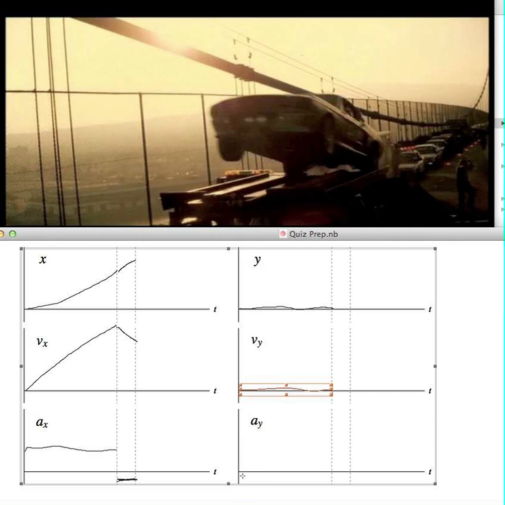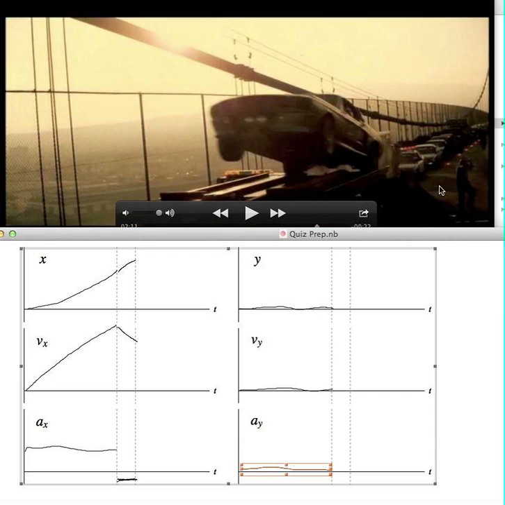No change in velocity, so the acceleration must have been 0 until he hit the ramp. He was stationary in the vertical direction at the bottom of the ramp. At the top of the ramp, he was launched upwards. So he must have had a brief positive acceleration to be launched upwards so rapidly at the top of the ramp.